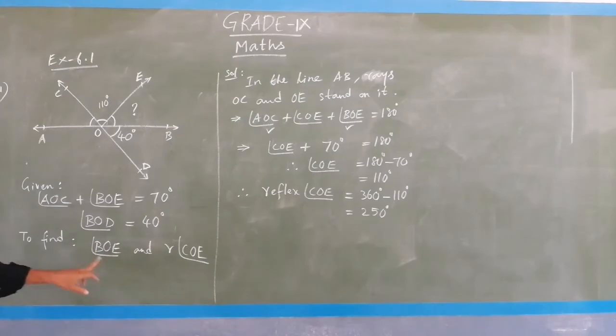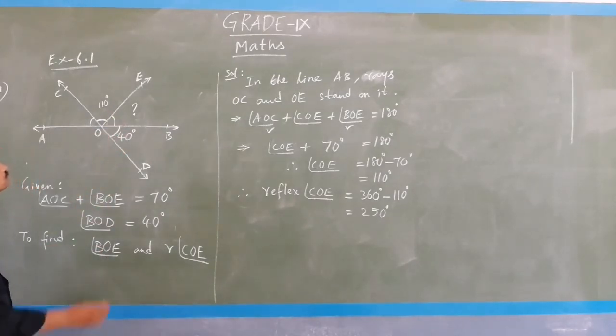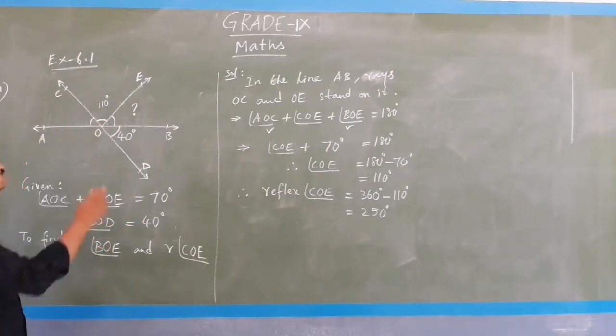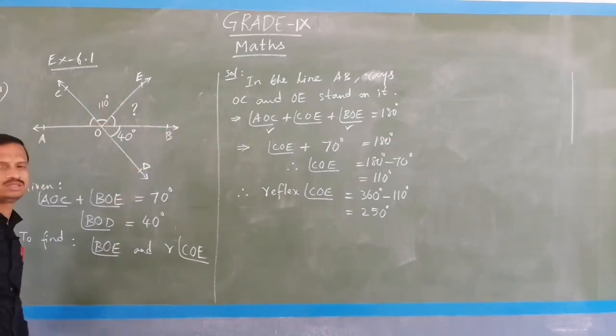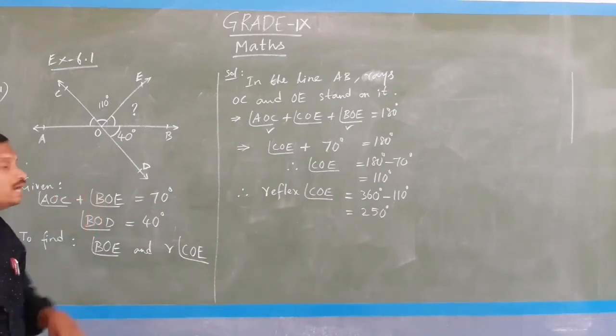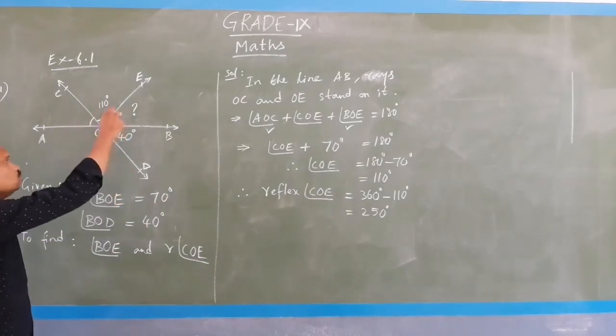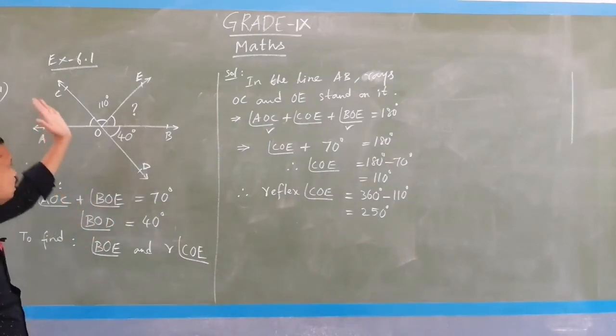To find BOE, we can take this line CD on which OE and OB are the 2 rays standing. Then we get 3 angles: 1, 2, 3. Am I right? The same concept we use by taking line CD.